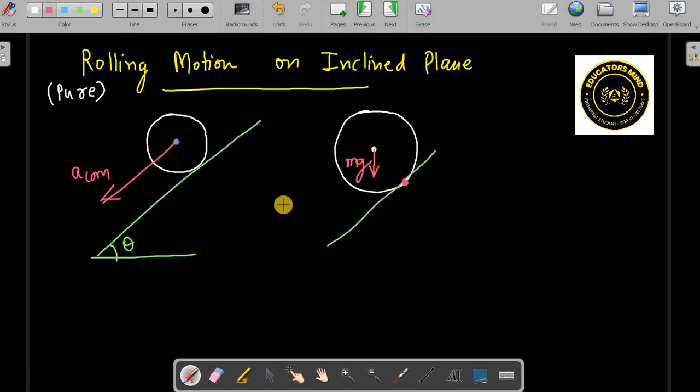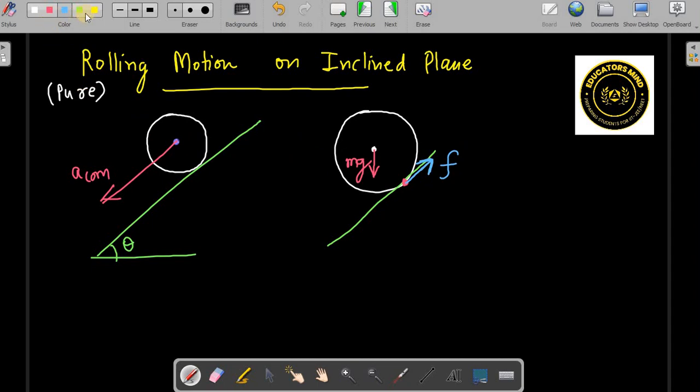Normally, let us say you are keeping the object, and if friction is not there, then this will try to just slide. So the force of friction will act in the opposite direction, up the incline. Consider this is the direction of force of friction.